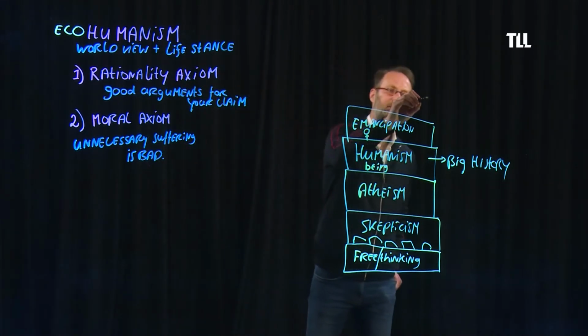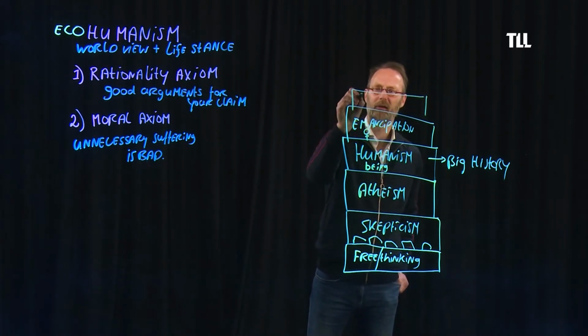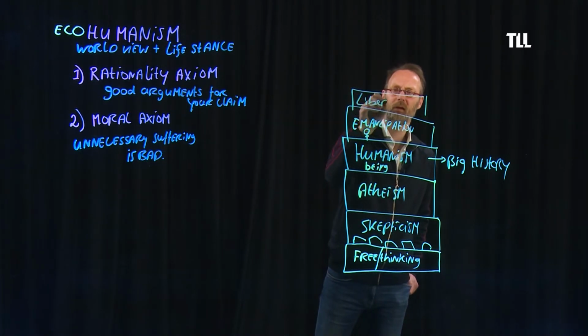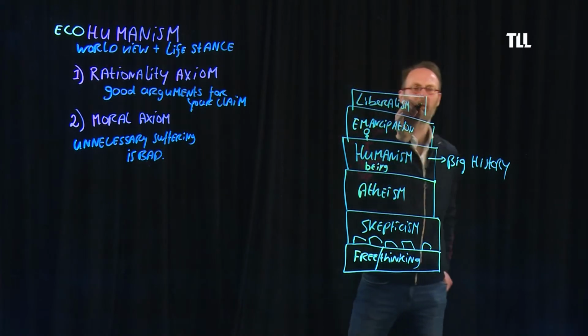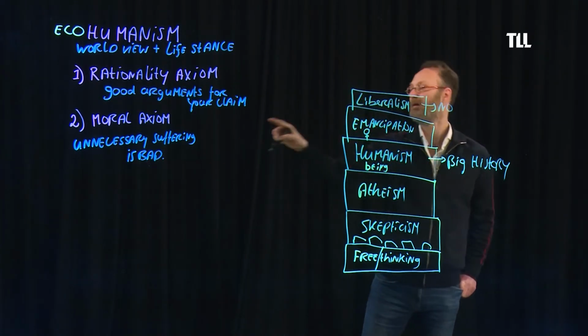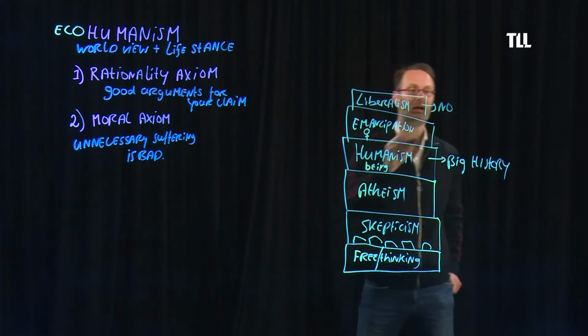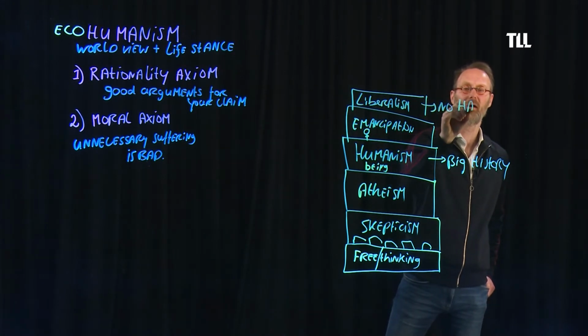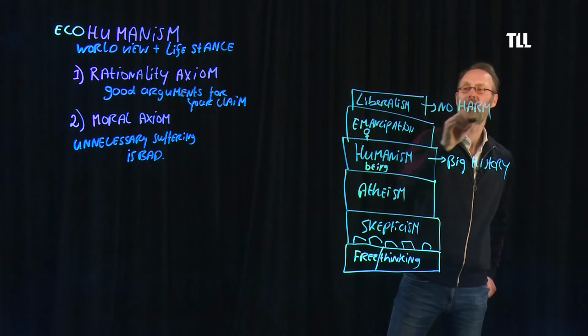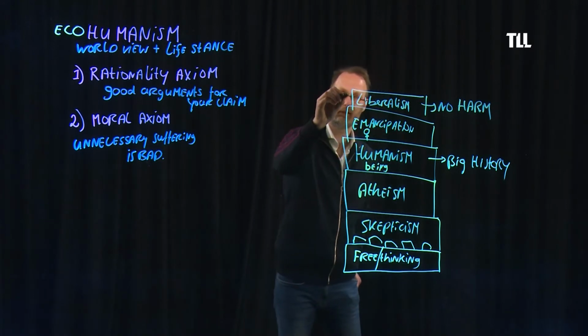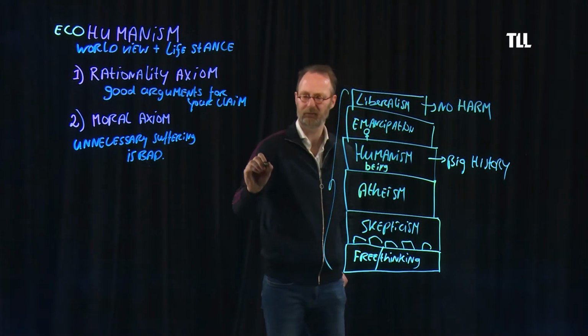The political philosophy that comes with that is classical liberalism, the no harm principle. You can see the same thing: unnecessary suffering is bad, so we should do no harm. But till here, this is basically classical humanism.